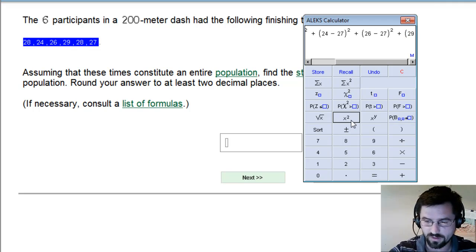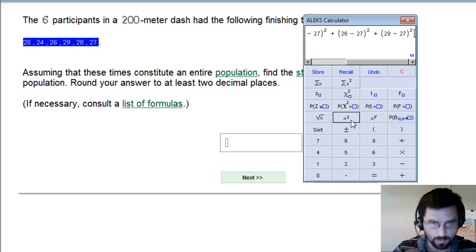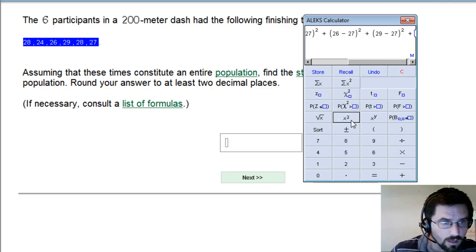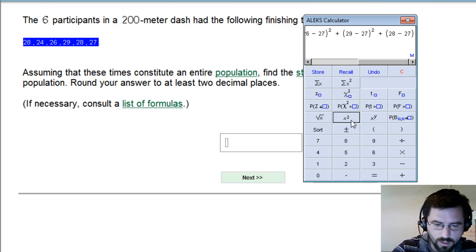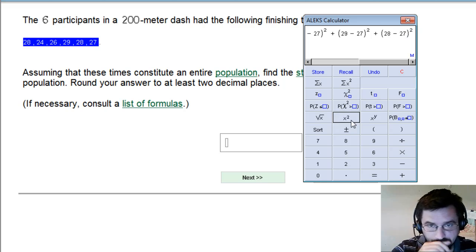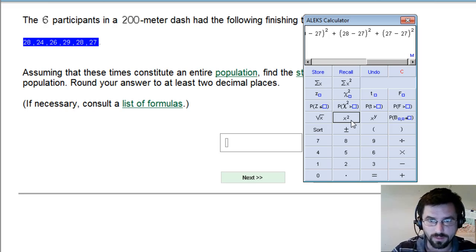29 minus 27 is next, so that's 2, so when we square it, it's 4. But I'm going to let the calculator do that. 28 minus 27. So 28 minus 27, of course that's 1, and we square that. Plus 27 minus 27, you really don't need to do this, it's going to come out 0, and when you square 0, it's still 0, but just for the sake of doing it, I'll throw it in there.